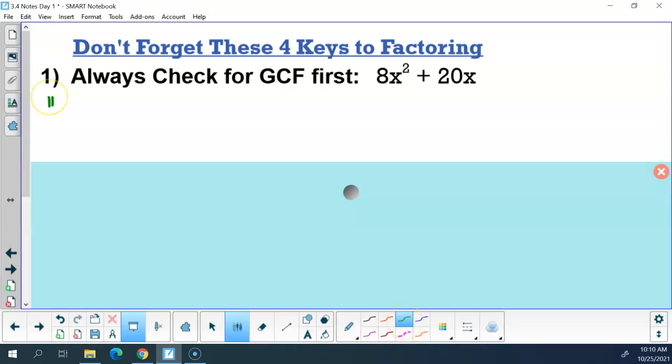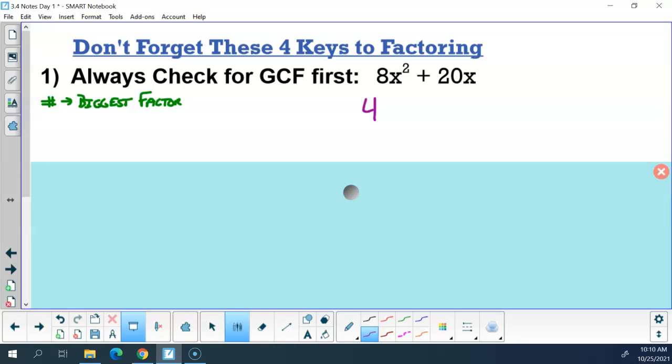There's the number part, where you look for the biggest factor of all the numbers. Okay? So if I'm looking at 8 and 20, what's the biggest number that goes into both of those? 4.